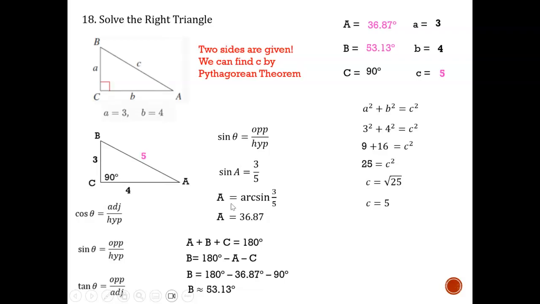That's my B. Also, guys, one more thing that I want to say here. If you wanted to, I could have used any one of these to find angle B. For example, for the cosine, it would have been adjacent over hypotenuse, 3 over 5, to find angle B. Or I could have used the sine.